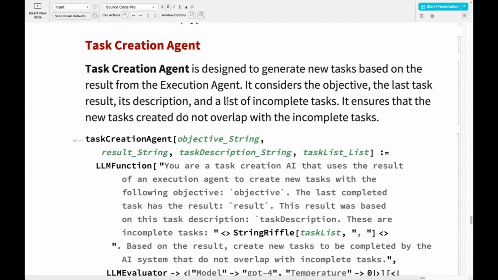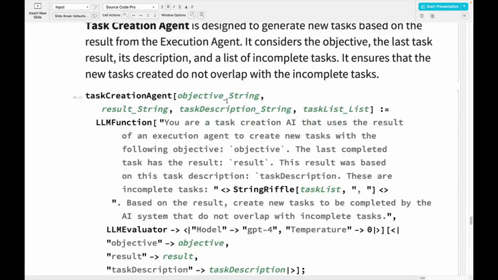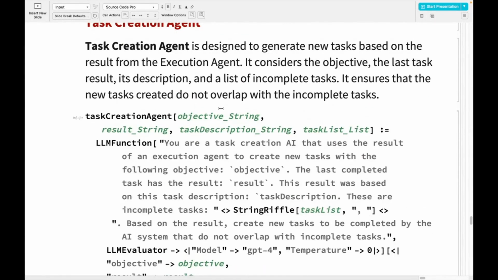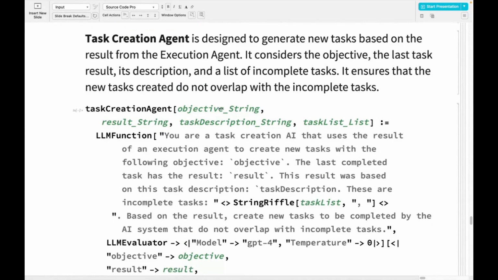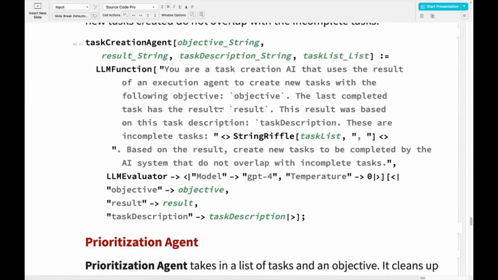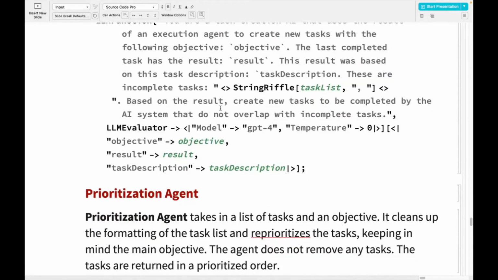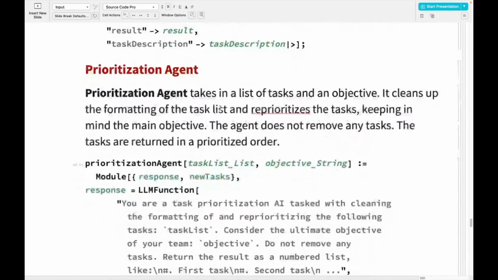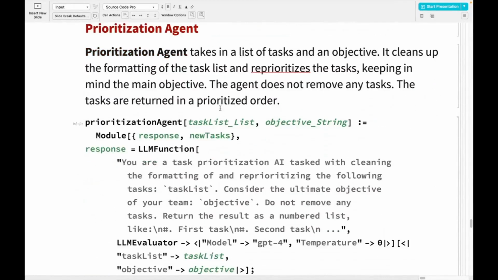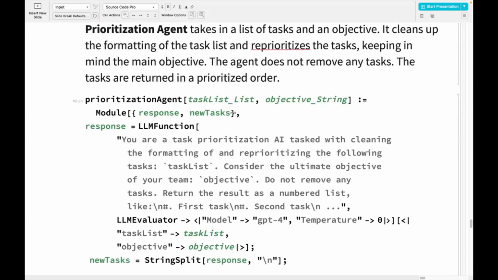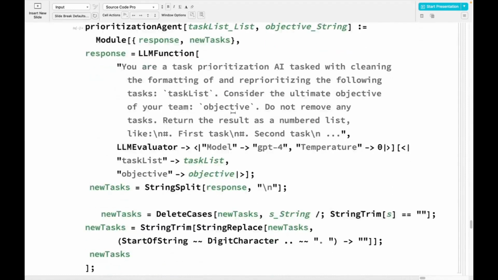And then there is the task creation agent. This mainly will create a bunch of new tasks based on the completed task and the result of the current task. And then there's the prioritization agent that will reorder the list of tasks and put up the ones that seem more relevant based on the previous execution.